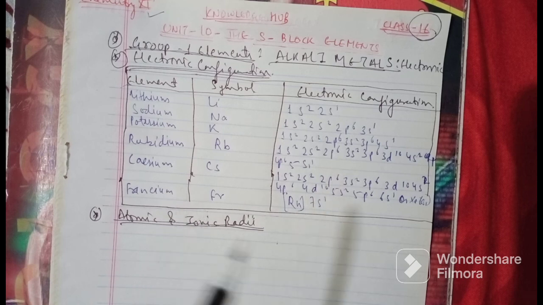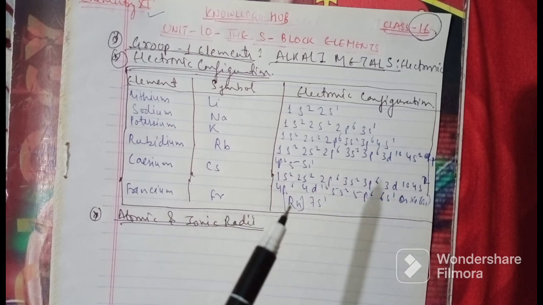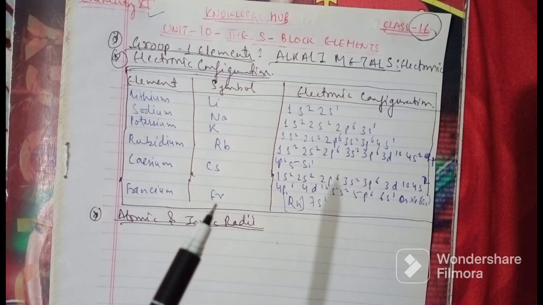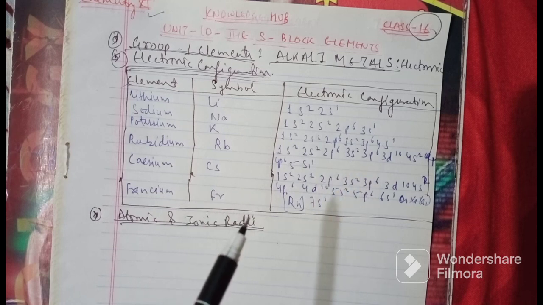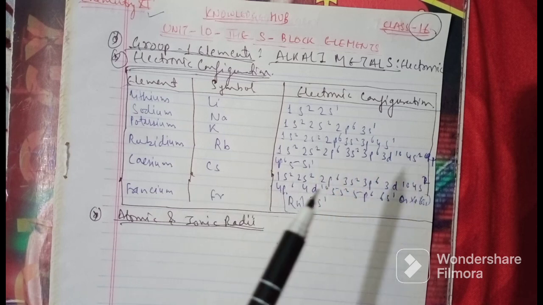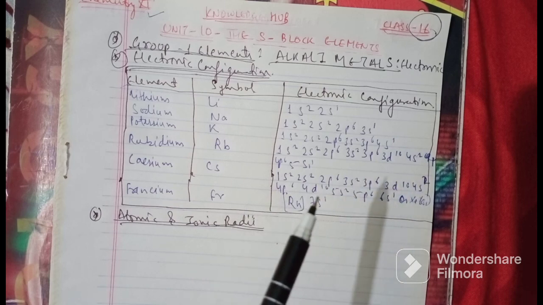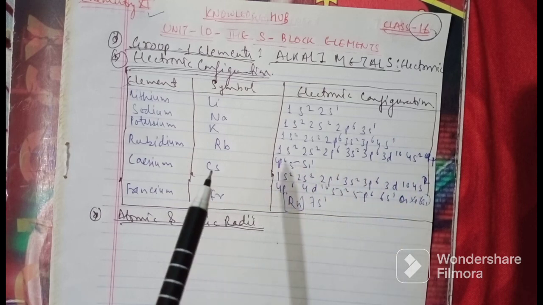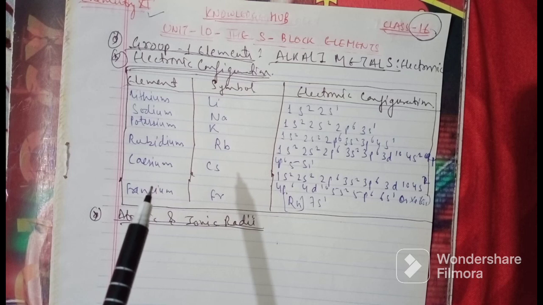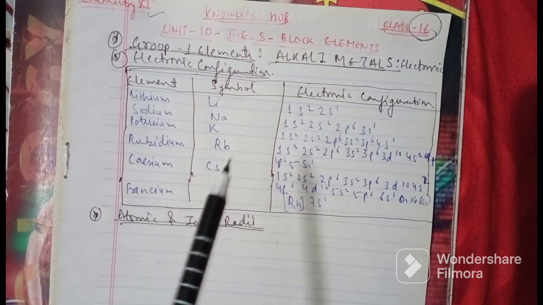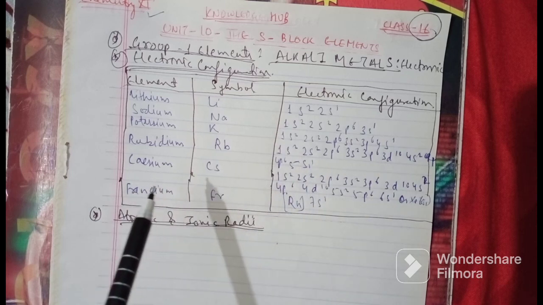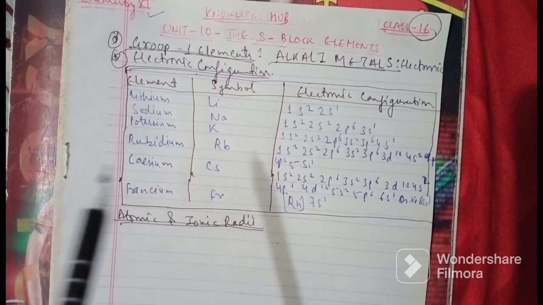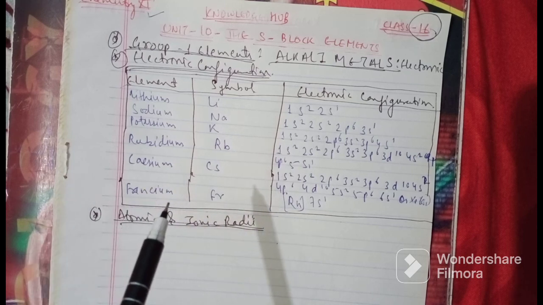With increase in atomic number, the atom becomes larger, and the monovalent ion, M+, is smaller than the parent atom. The atomic and ionic radii of alkali metals increase on moving down the group, that is, they increase in size going from lithium to cesium.